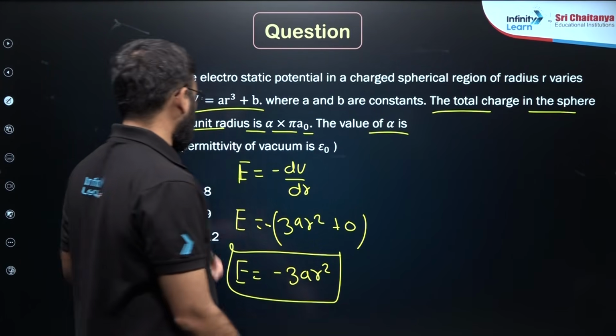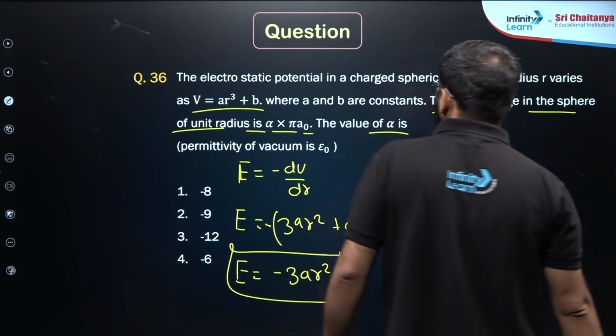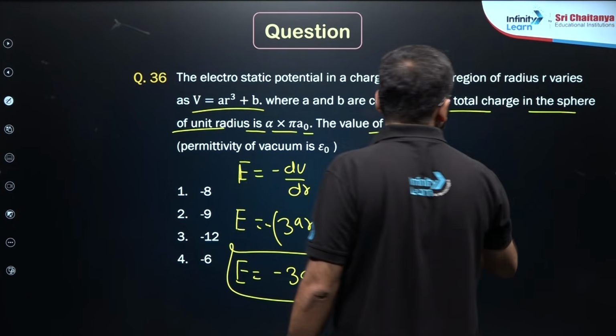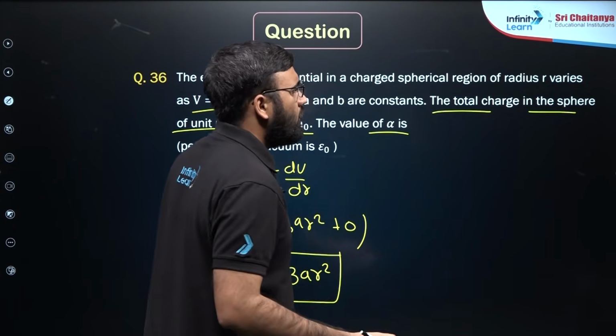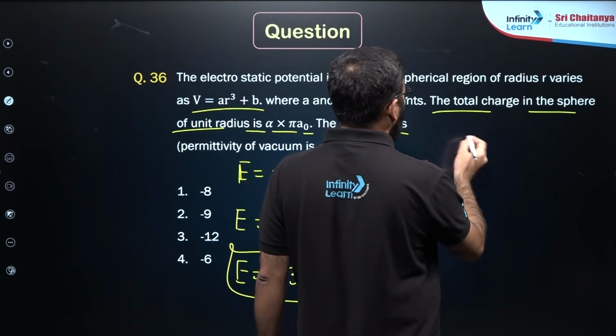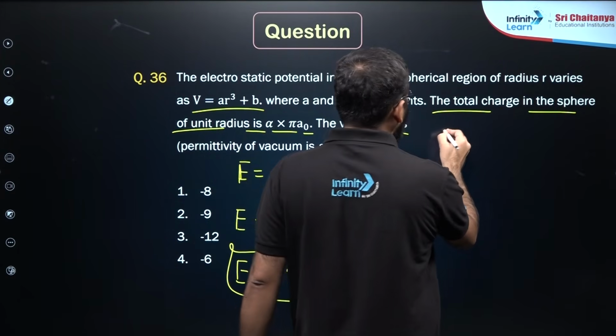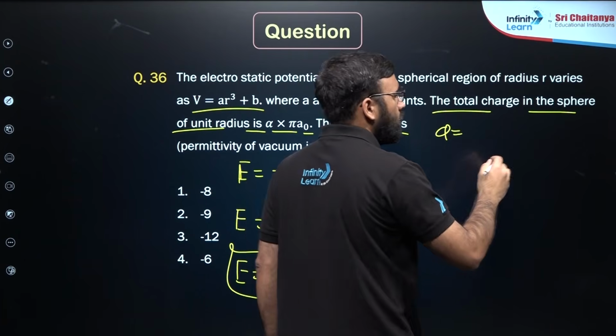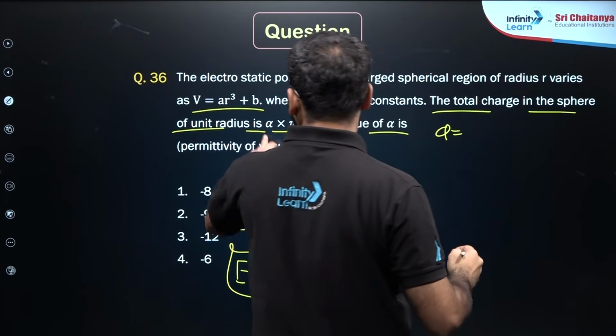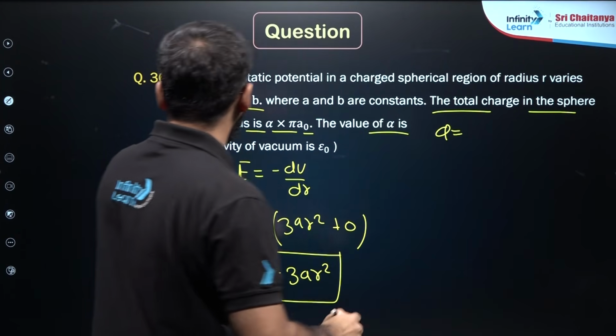Okay, so this is my electric field. According to Gauss law, what is the flux? Gauss law, phi equals to E dot A. Okay beta, this E value is this one.